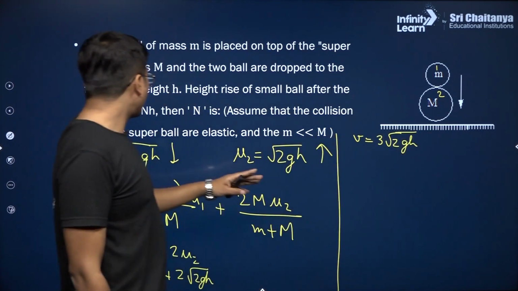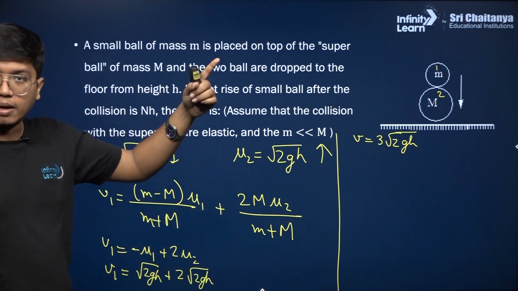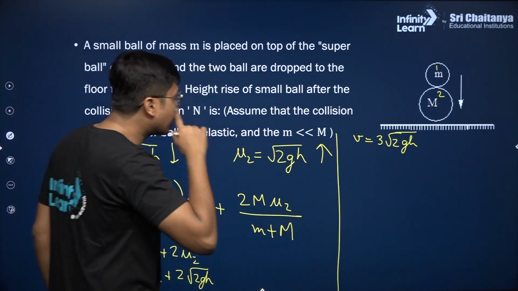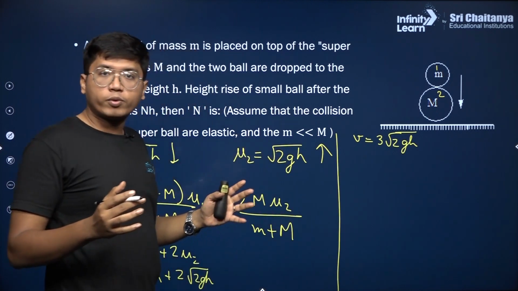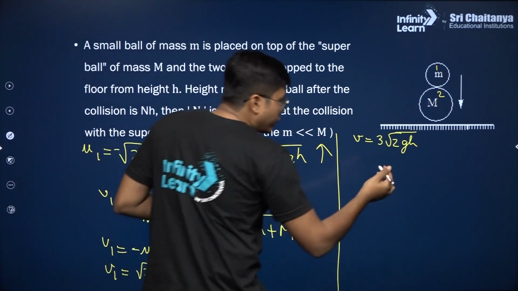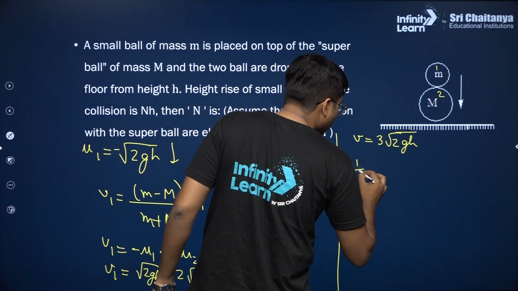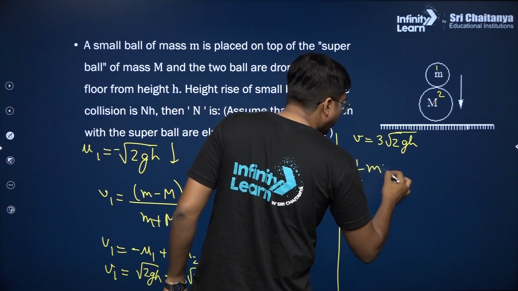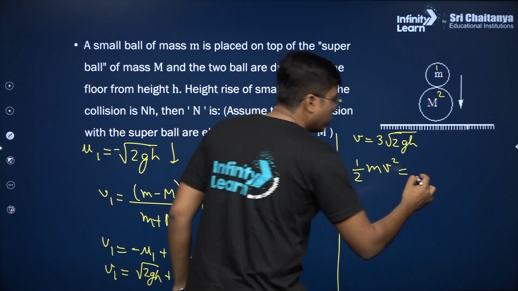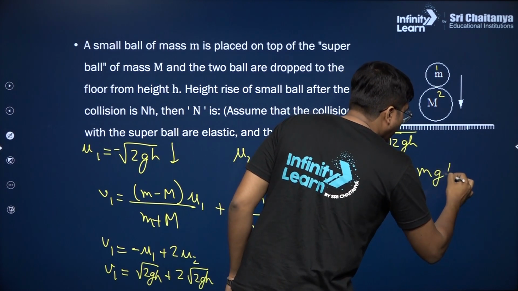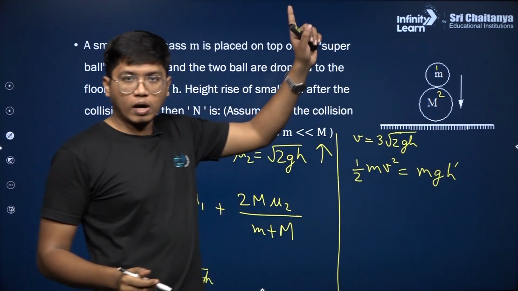Now we want the height that the ball goes up to, and over here again it's pretty straightforward. Even if we equate with energies, we know half mv squared would be equal to mg h dash. h dash is the height it will go up to.